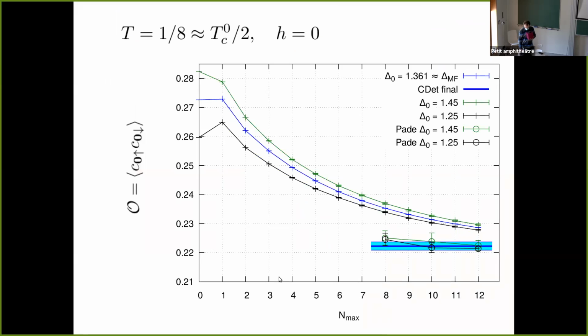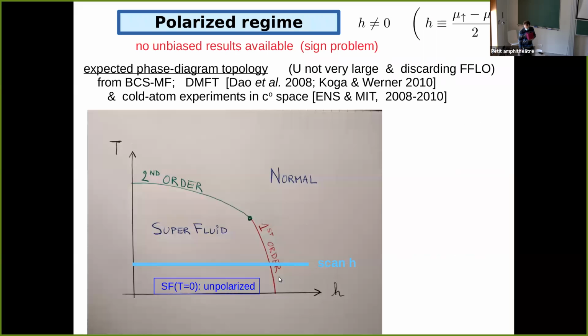At zero temperature, the superfluid is expected to remain completely unpolarized up to the critical H, where there is the first order transition to the normal phase. And this is just because of the single particle gap.